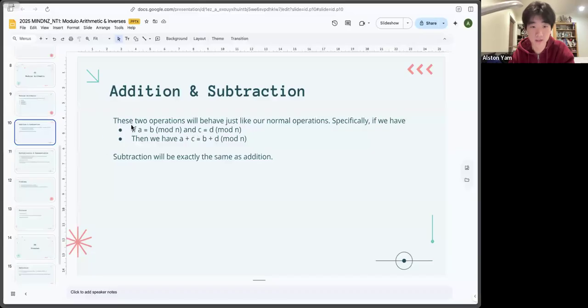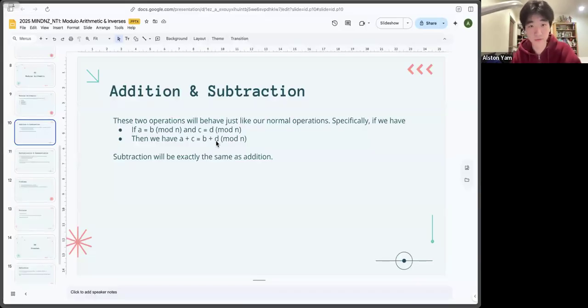So if we have a look at this bullet point here: if A is congruent to B mod n and C is congruent to D mod n, then we can essentially add the two. We can add the A and the C, put it on the left, and it will be congruent to B and D, which we put on the right. So if we add the two numbers, the remainder when we divide by n will also add.